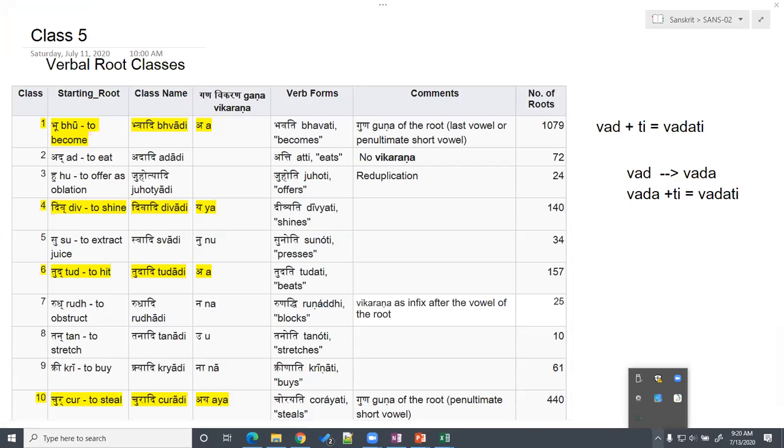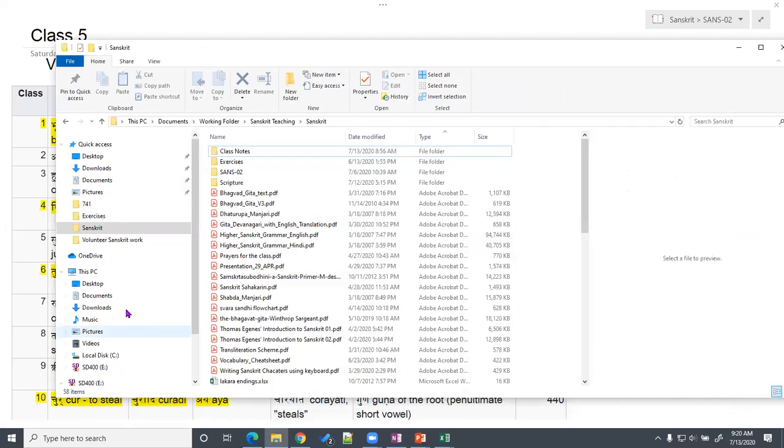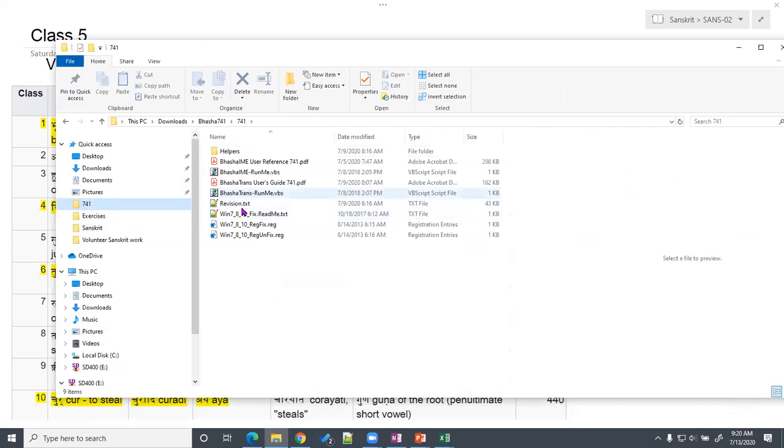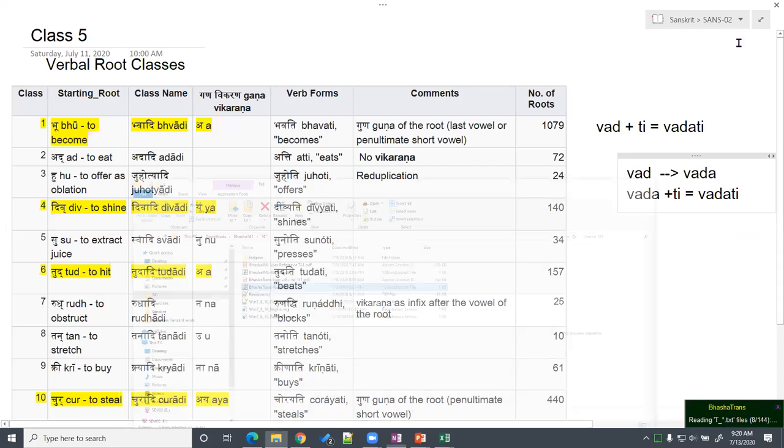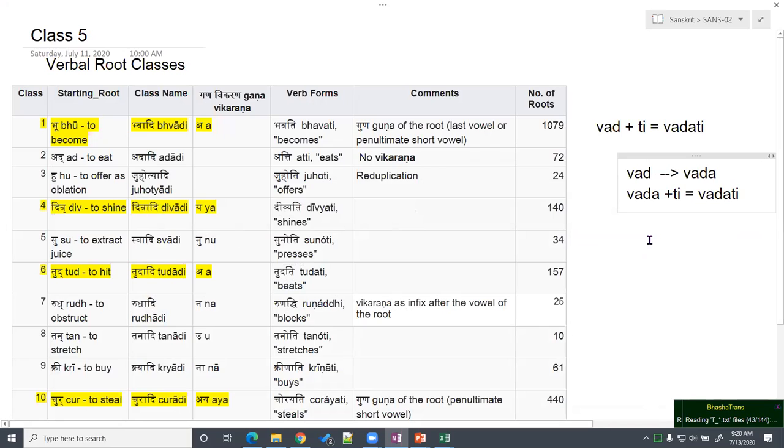We did not discuss that part, how does root turn into the stem. And this is what the ganas are for, these classes. So what they do is they show you how to convert a root into a stem.